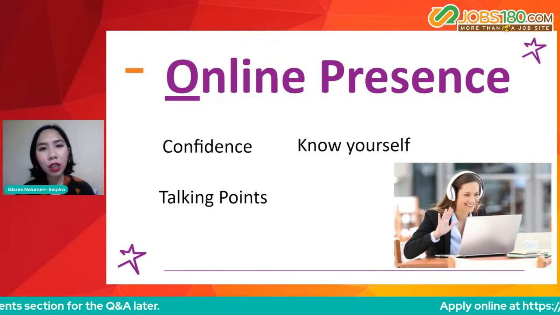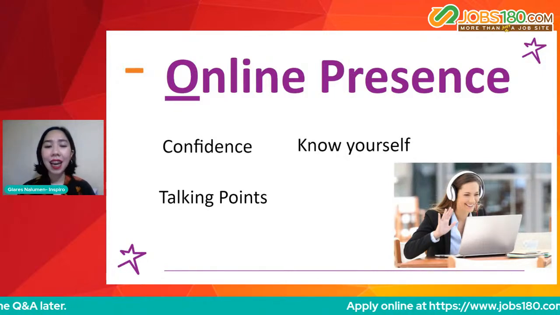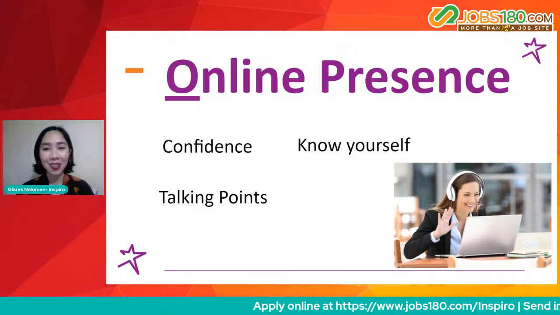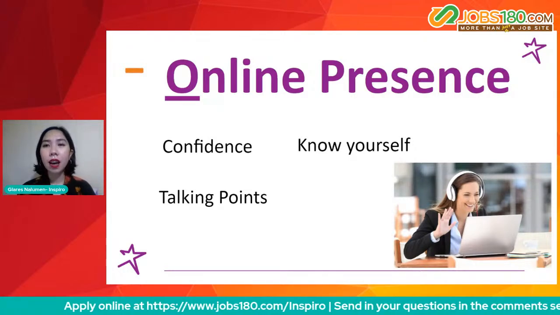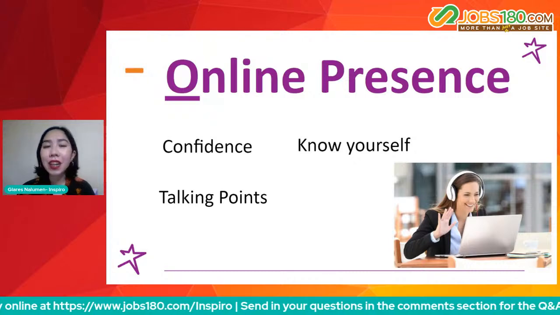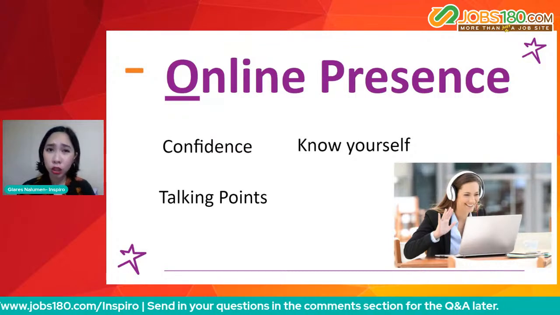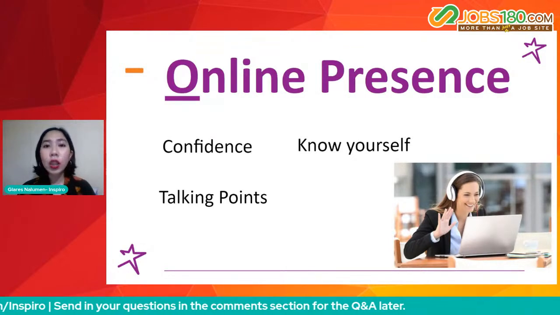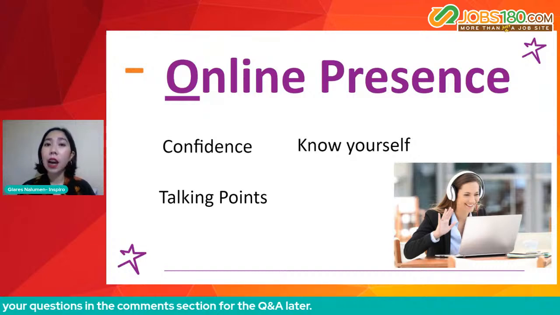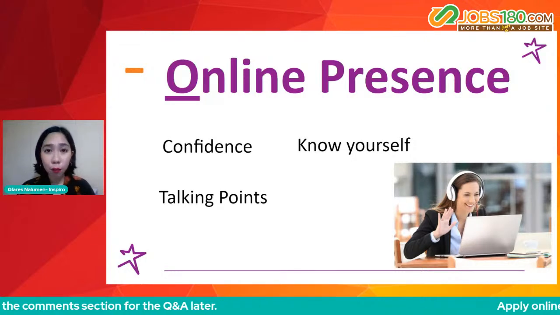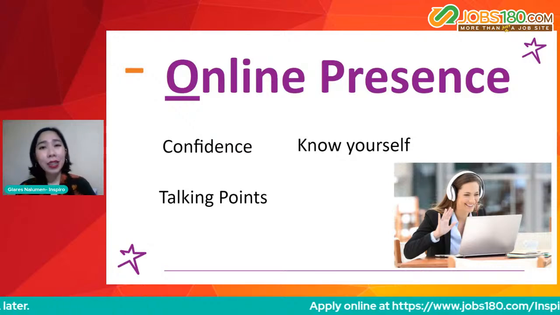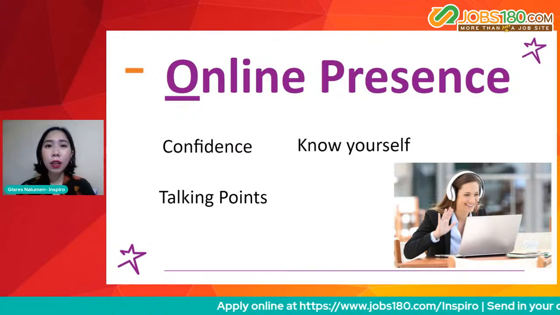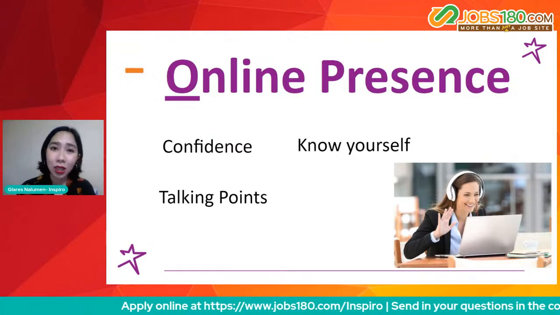Now, what are the things that you cannot talk about during the job interview? Number one is to try to avoid being dramatic or telling very emotional stories. I know that this time is kind of uncertain and hard for everybody, and we tend to get carried away sometimes if the interviewer asks us personal questions.